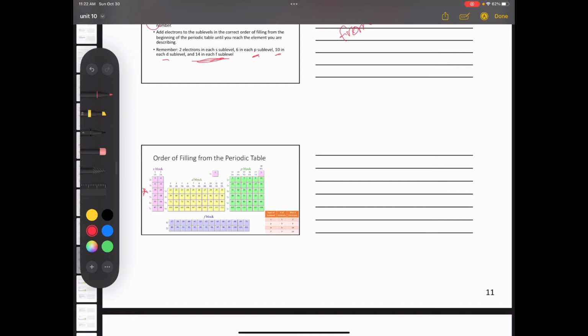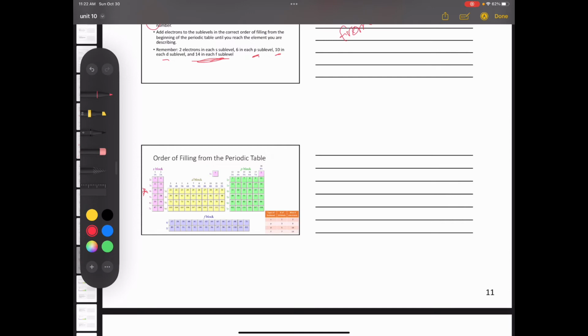So if I try to do any electron configuration for calcium, magnesium, sodium, and so forth, the last sublevel being filled is going to be an S orbital or an S sublevel. That's why it is referred to as the S block elements.